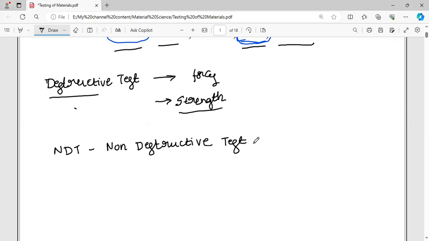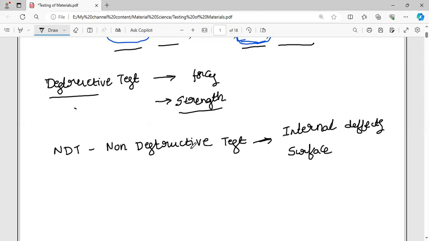It can be used to find the internal defects of the material and surface defects also, for the finished products. So destructive tests can be used to find the strength of the material. Non-destructive tests can be used to find the internal defects and surface defects involved in any type of materials.